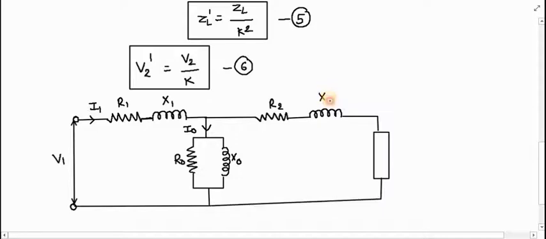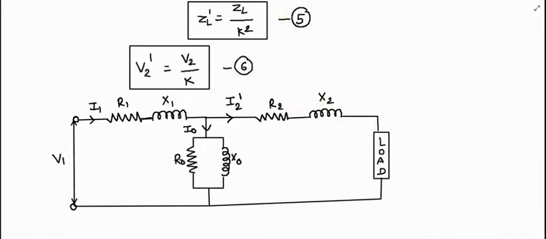Like this is your X2, this is your load. This current is nothing but the secondary current referred to the primary side, and this one is the voltage across the load.